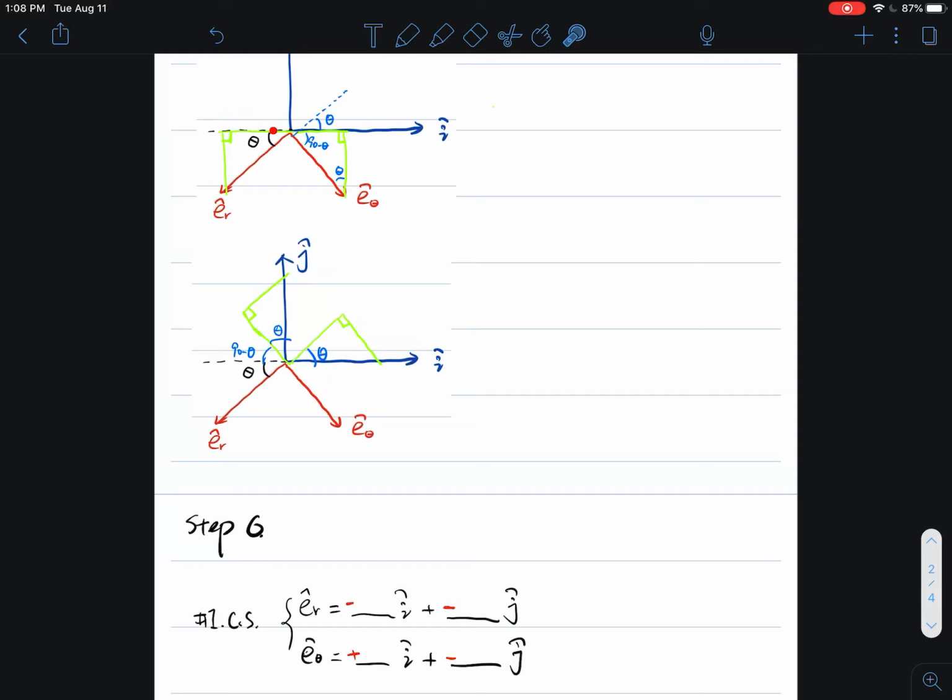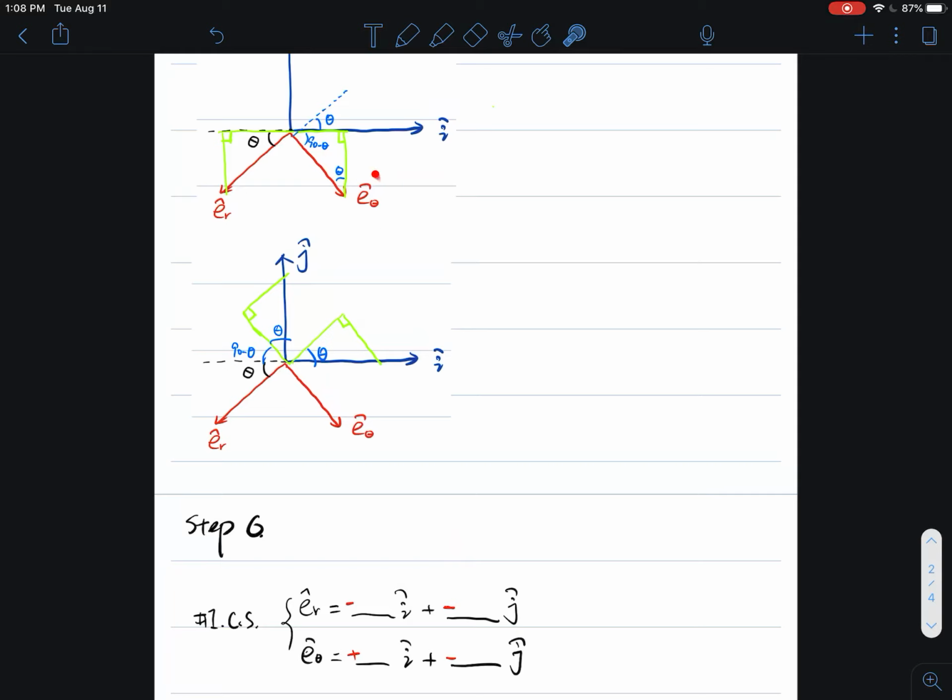So in other words, the length of this edge right here in the I direction should be the magnitude for this blank, and the length of the edge in the J direction right here should be the magnitude for this blank. Right, if that makes sense to you.